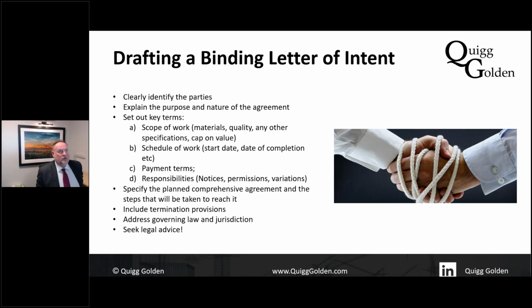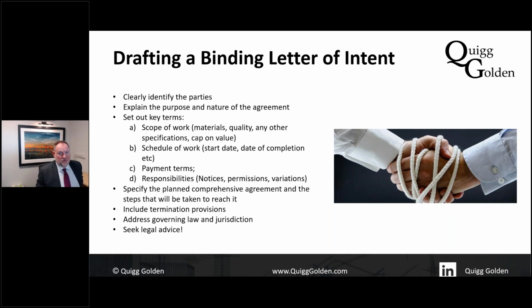Imagine that situation where you enter into a letter of intent to do the demolition and earthworks, and the contractor takes a year to do 2 weeks of work. Well, you can't then say there's a 50-week delay because there was no requirement to do it within the 2 weeks. So that's often the scope, as in quality and schedule program, is omitted.